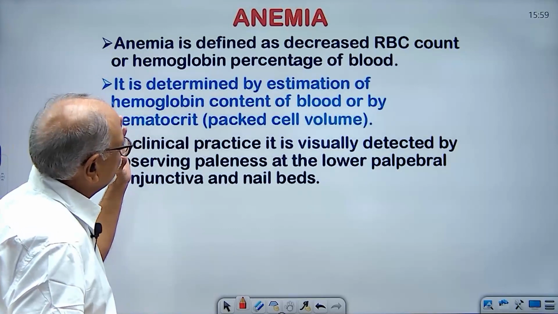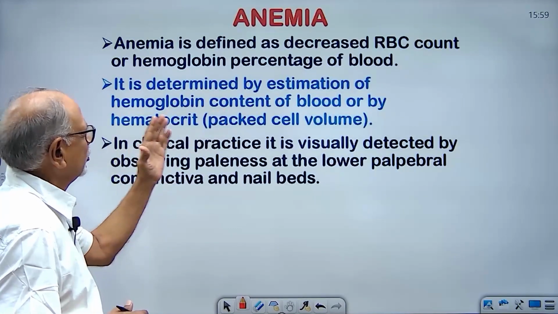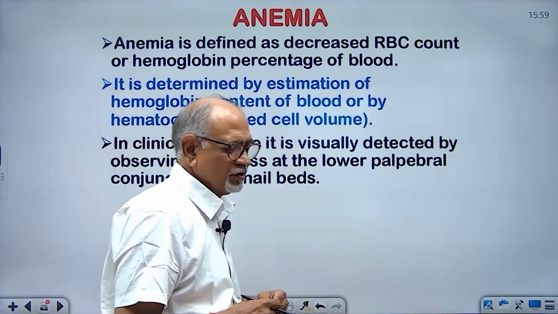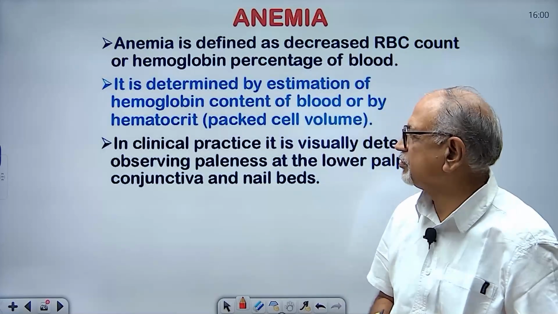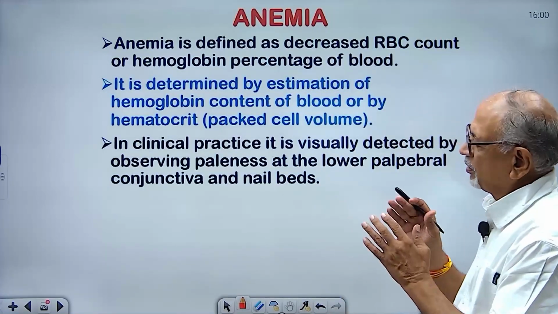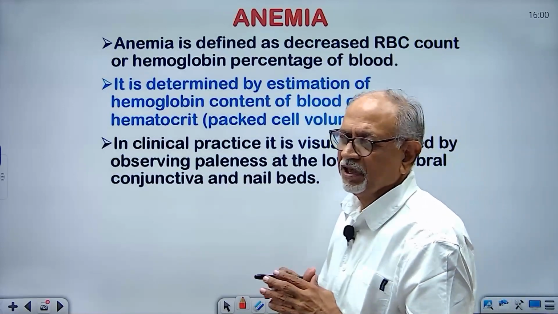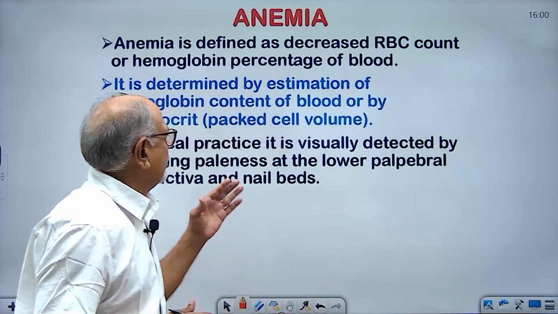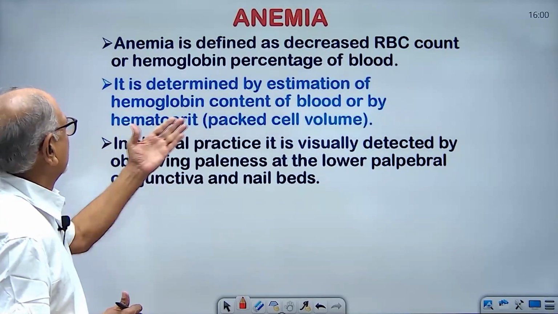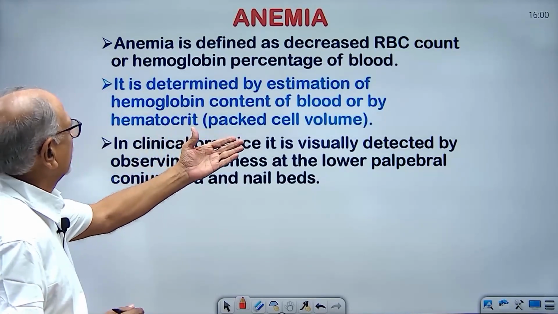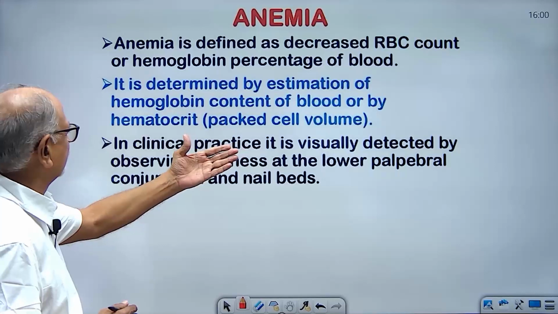It is commonly estimated by hemoglobin content of the blood. That is the main criteria for diagnosing anemia. Hematocrit value, packed cell volume, is also considered.